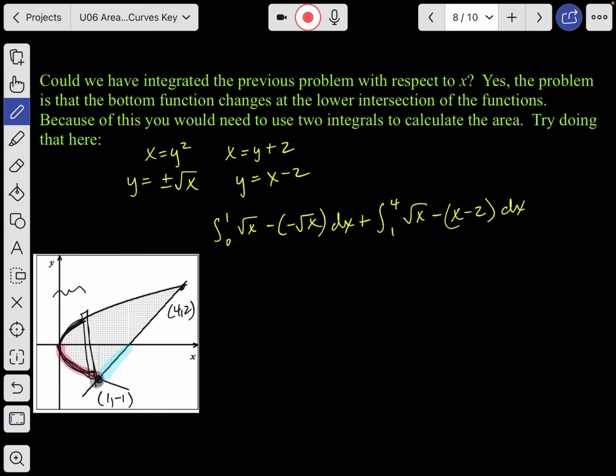So let's do it. And this is going to be 2 square root of x dx, if I just clean this up a bit. And let's see, what about this guy? Square root of x minus x plus 2 dx.